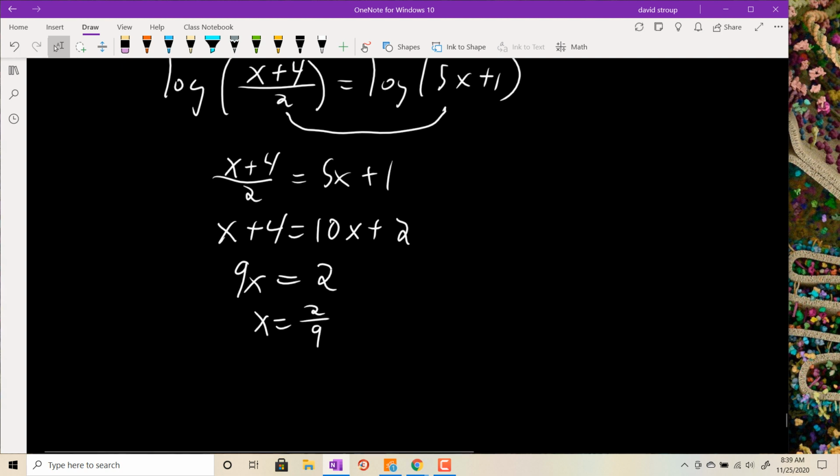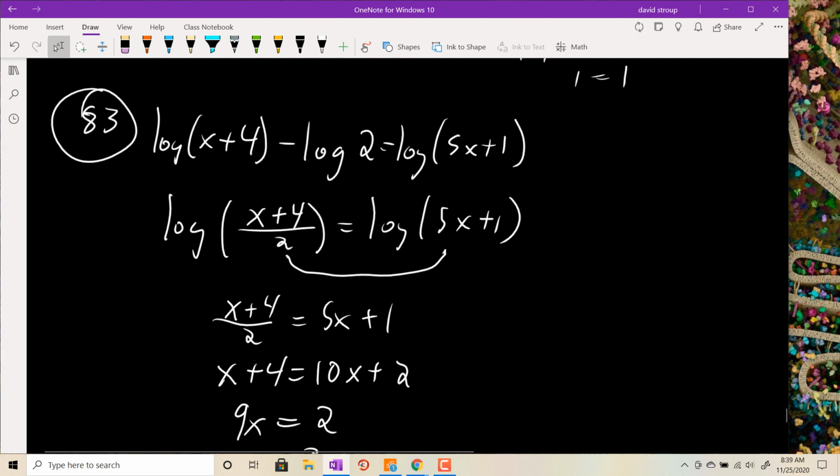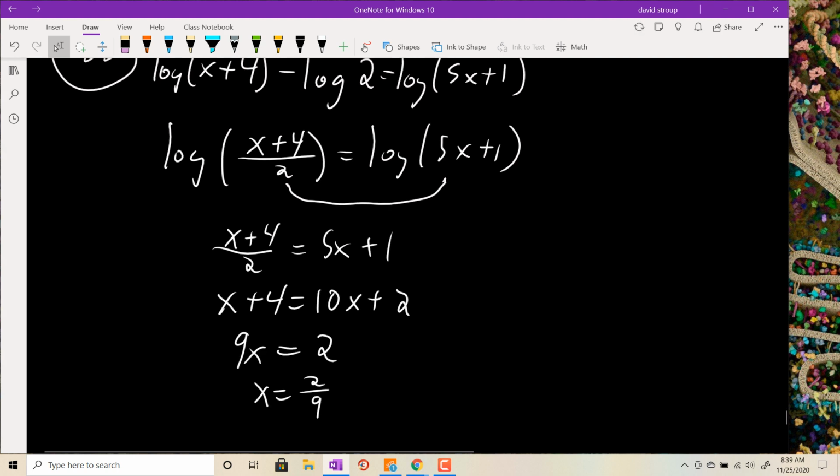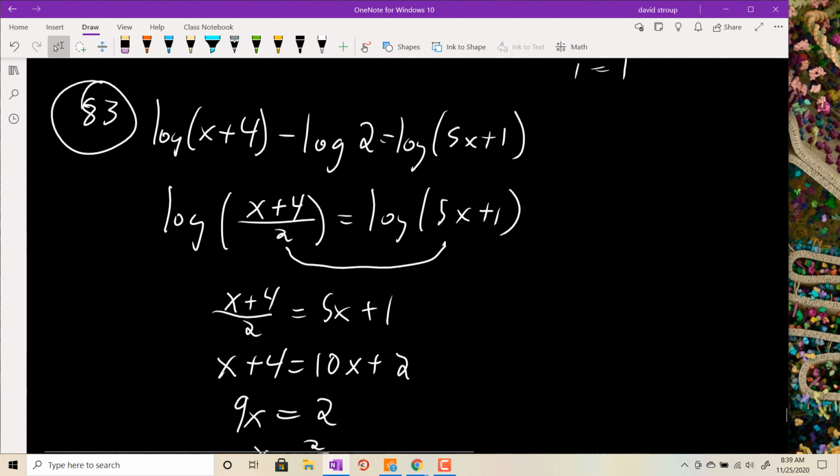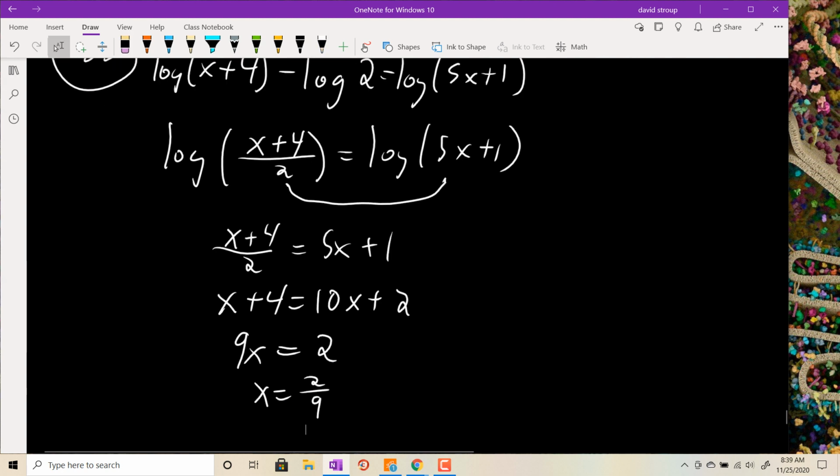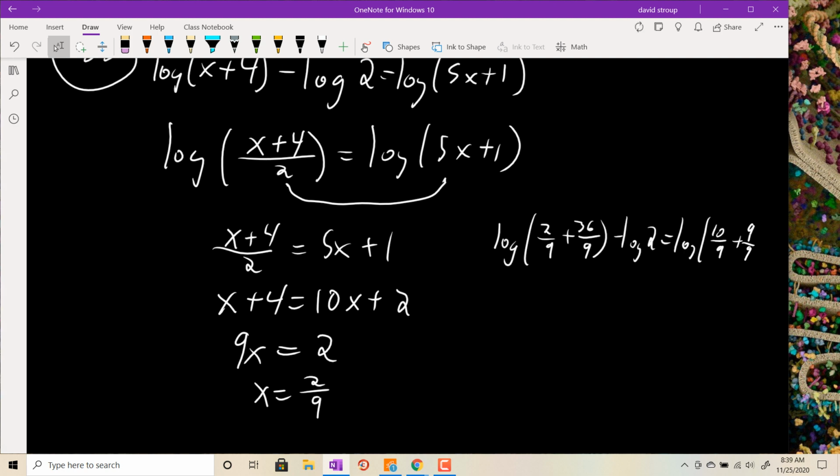Makes me think I got something wrong there. 10x plus 2, 9x, 2. Yeah, it's got to be right. Okay, and then just make sure it works. Let's look at it. Log of 2/9 plus 4. 4 is the same as 36/9. Just write it like that. Minus log of 2 equals log of 10/9 plus 9/9.